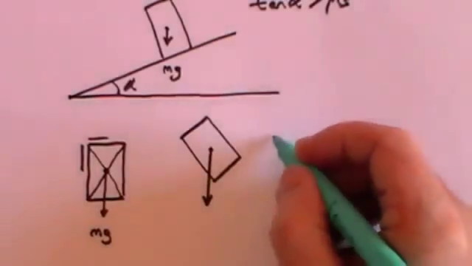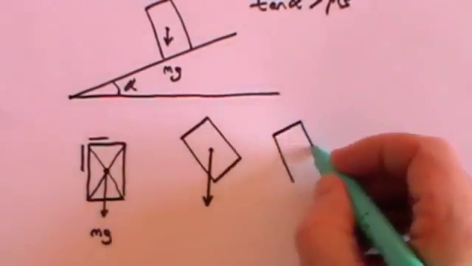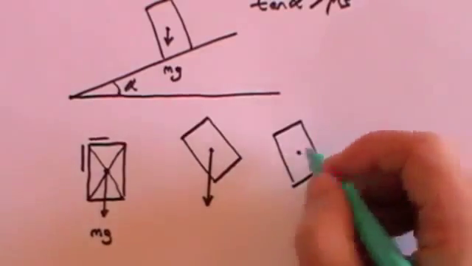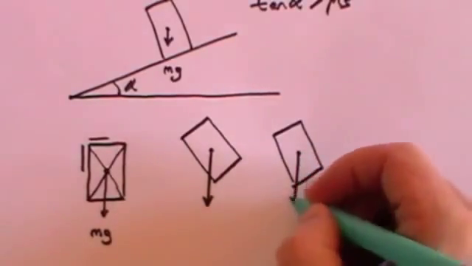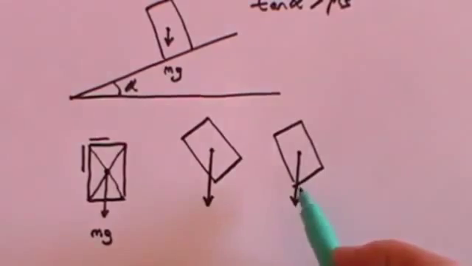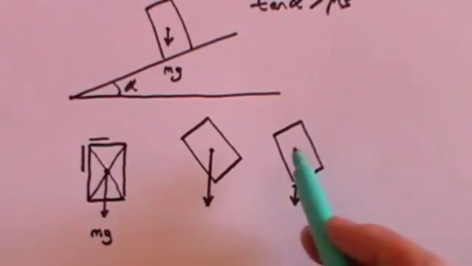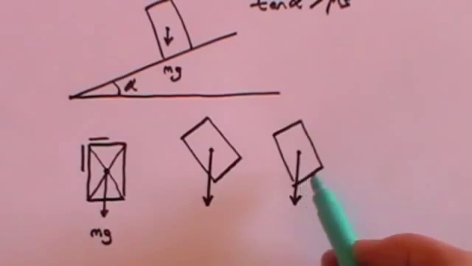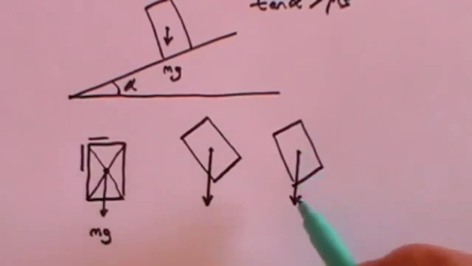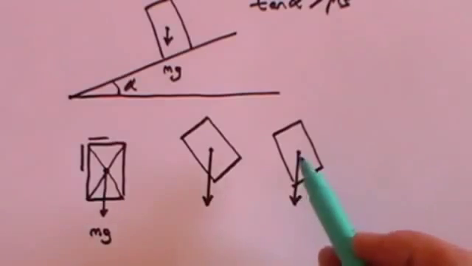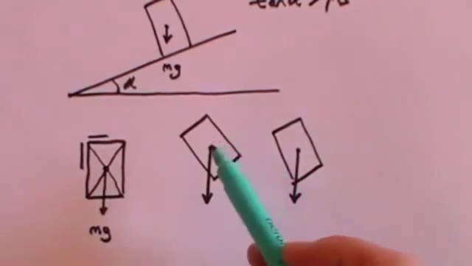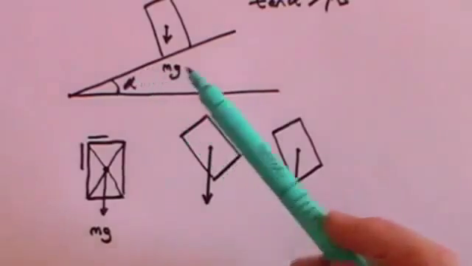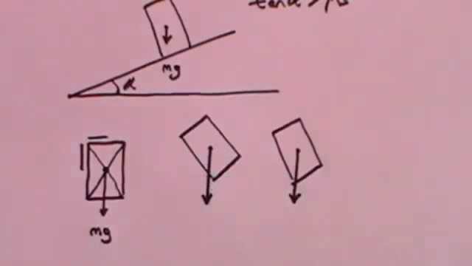So if you've got a situation like this, where the force is just inside the base, the gravitational force acting downwards, that is supposed to be vertically downwards, it doesn't look it, but it's supposed to be. Provided it is falling within the base, the block will not topple, because it has the stability that the centre of mass is over the base. But as soon as the block goes further than that, then the block will topple.